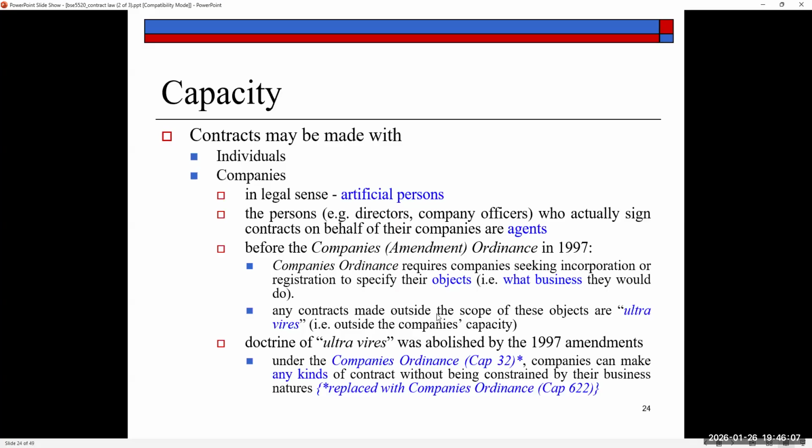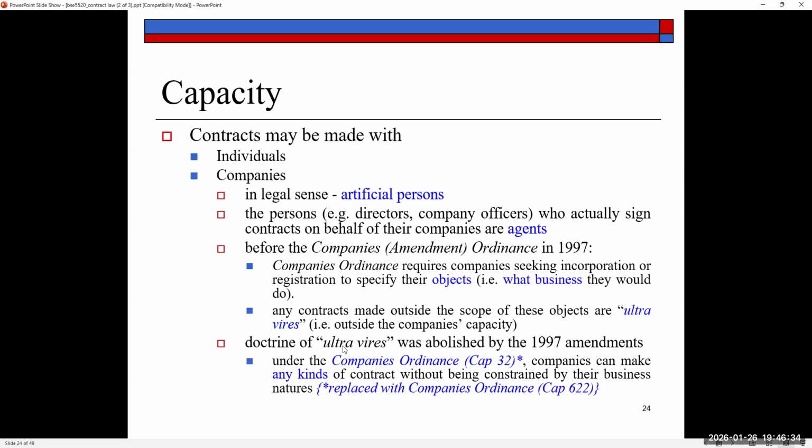Any contracts made outside the scope of these objects, that is, outside what is specified as their business, are regarded as, again, this term is in italics, ultra vires, Latin, meaning outside the company's capacity. This doctrine of ultra vires was abolished.